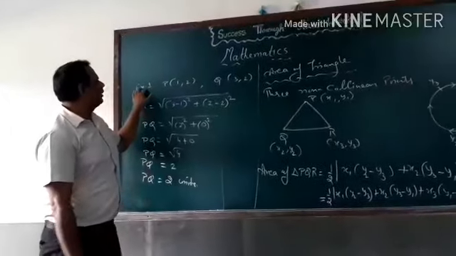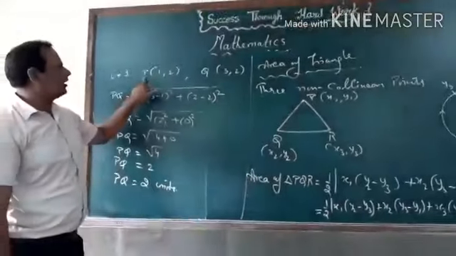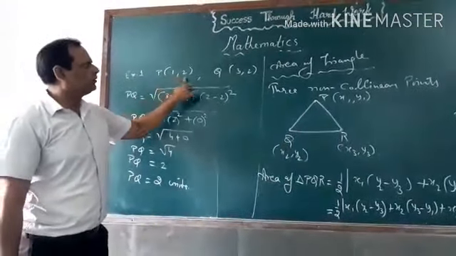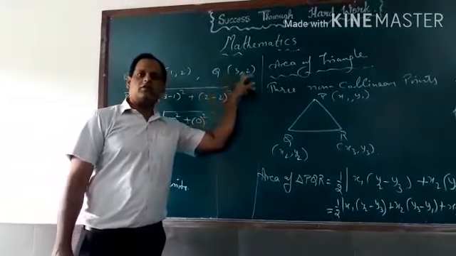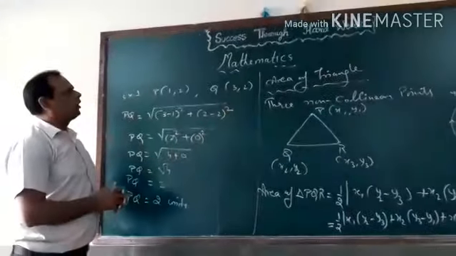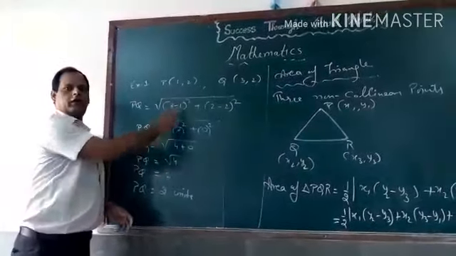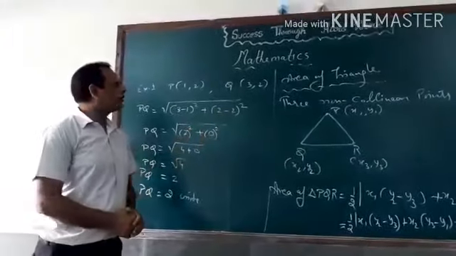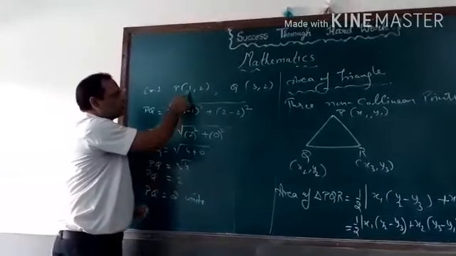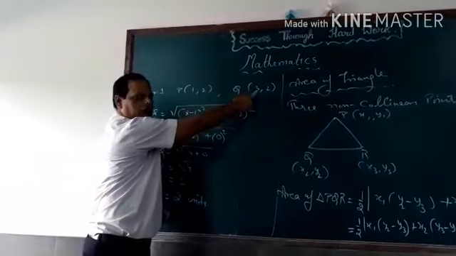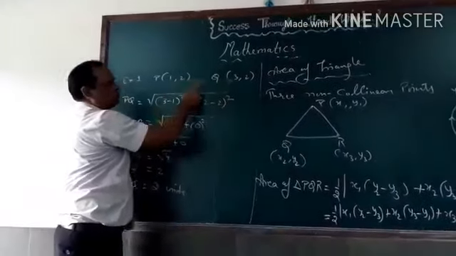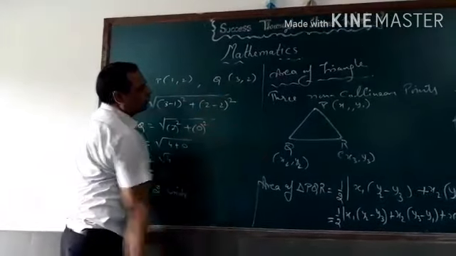Friends, we see example number 1. I will take point P, coordinate is (1, 2), and point Q, coordinate is (3, 2). Now we apply the distance formula. Distance formula is the square root of (x2 minus x1) whole square plus (y2 minus y1) whole square. So the value of x1 is 1, x2 is 3, y1 is 2, and y2 is also 2.